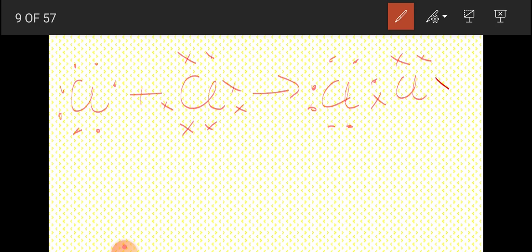Just for differentiating the two chlorines, a dot symbol has been taken for the electrons of one chlorine and a cross symbol for the other chlorine.